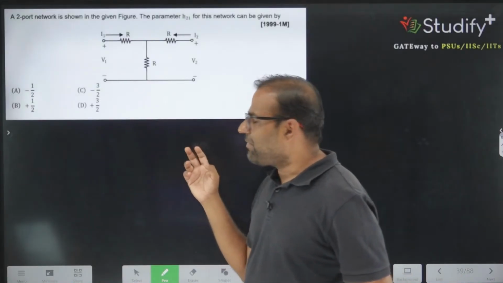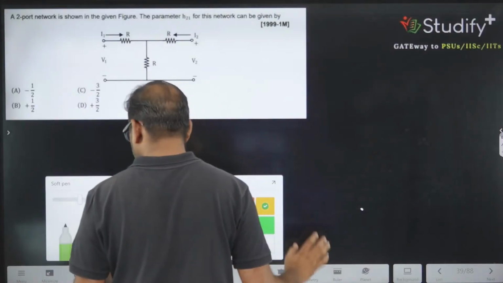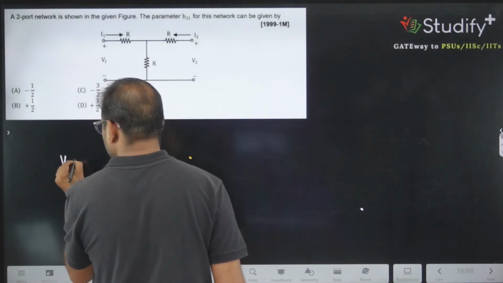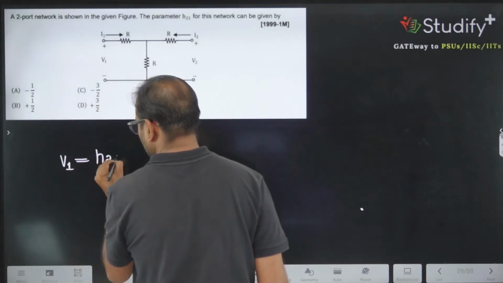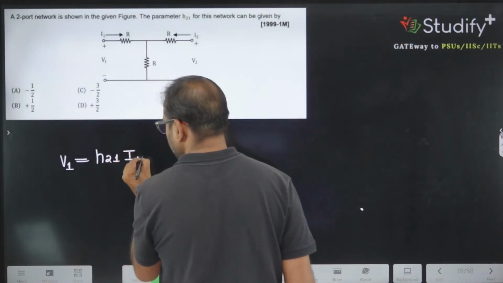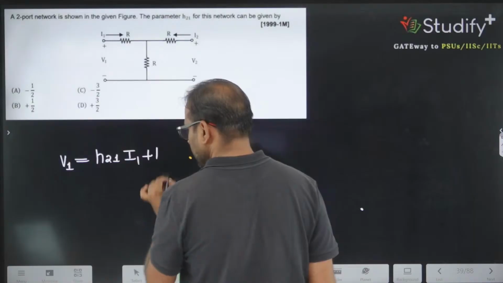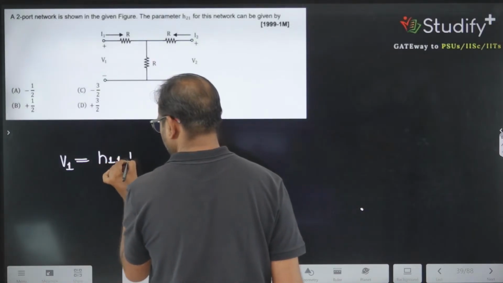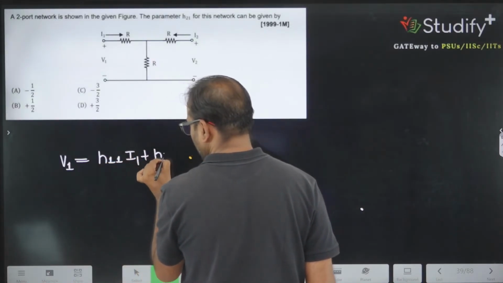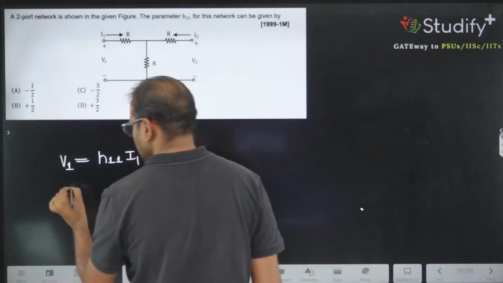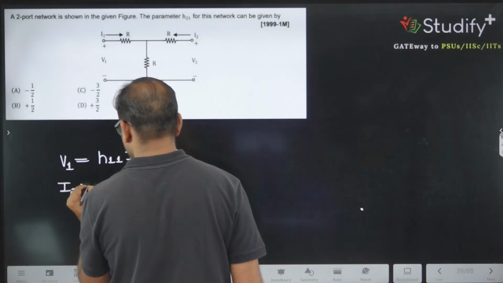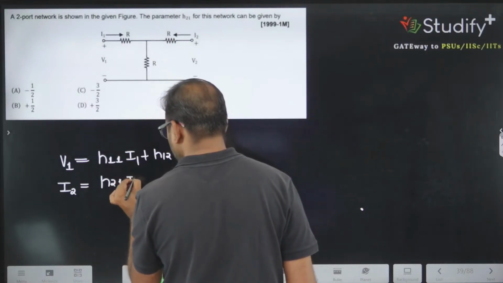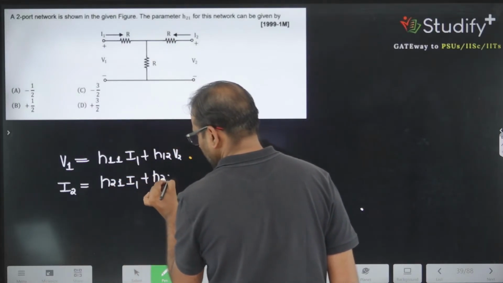But we want to write the H parameter, so the H parameter is given by V1 equals H11 I1 plus H12 V2, and I2 equals H21 I1 plus H22 V2.